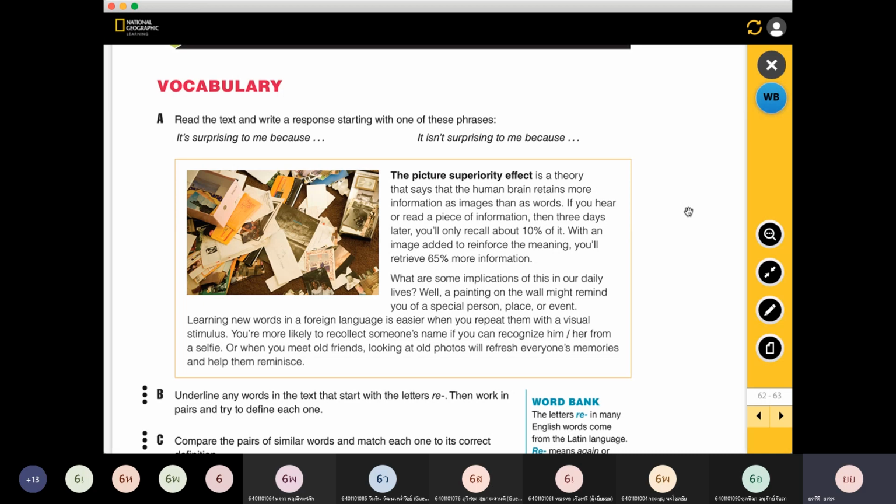Do the pictures come to your mind first, or do you use other senses to help you recall your memory?